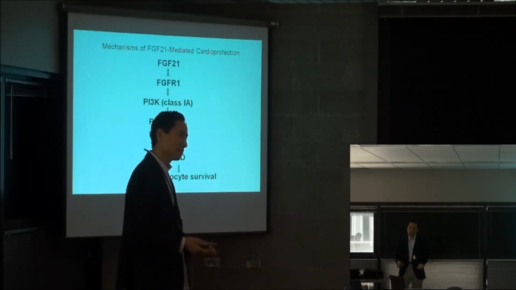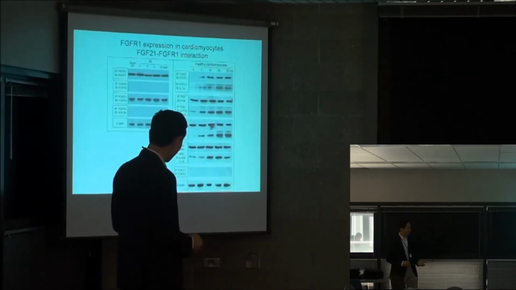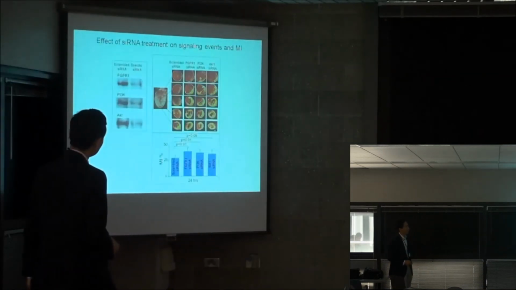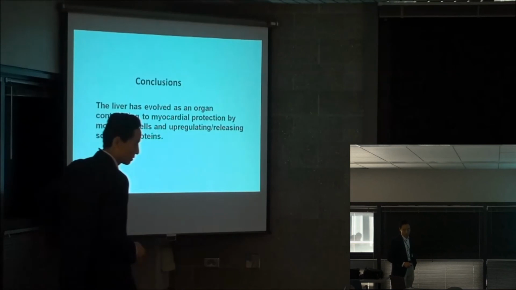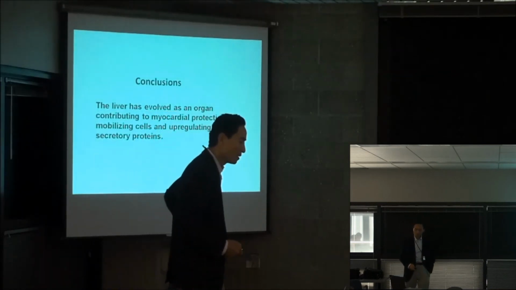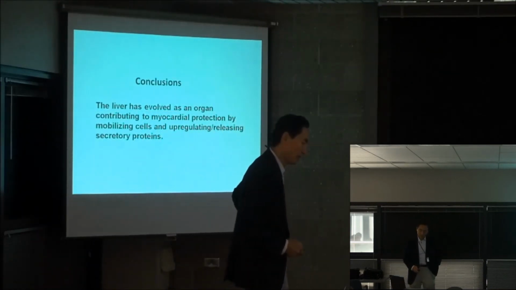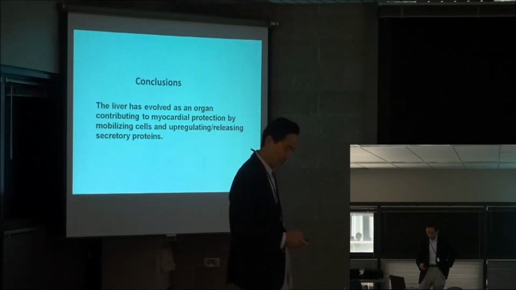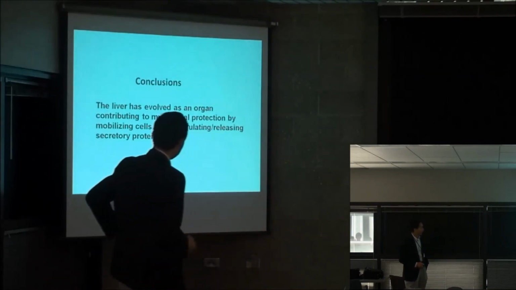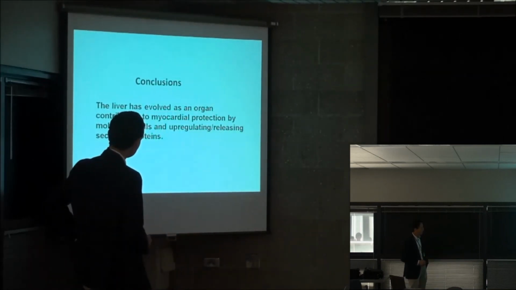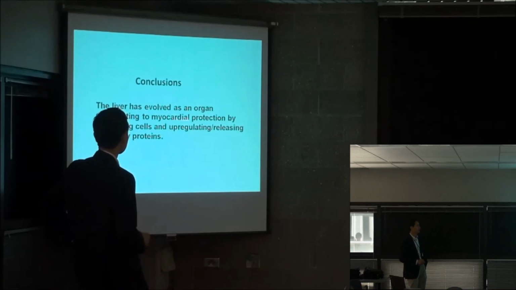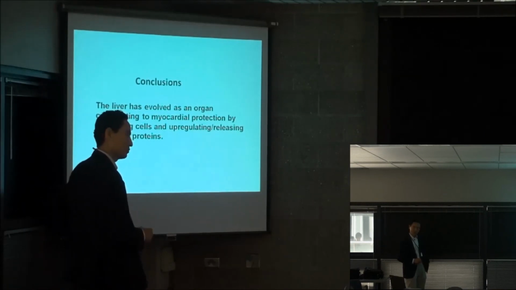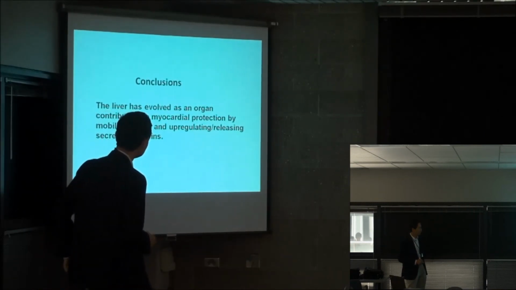So that's the idea. With that, I'd like to get to the conclusion part. In conclusion, many conclusions can be made based on the information we just talked about, but I'd just like to say one thing. That is, the liver has evolved as an organ contributing to myocardial protection.